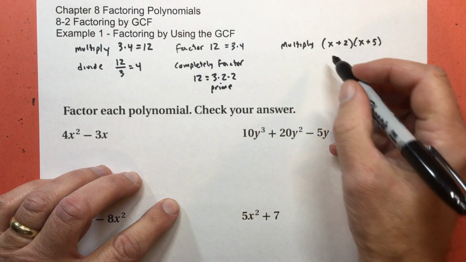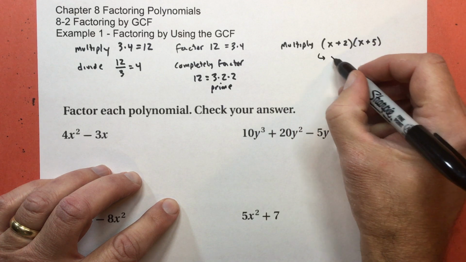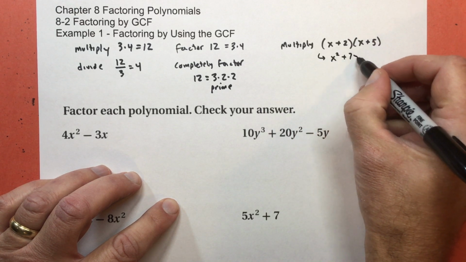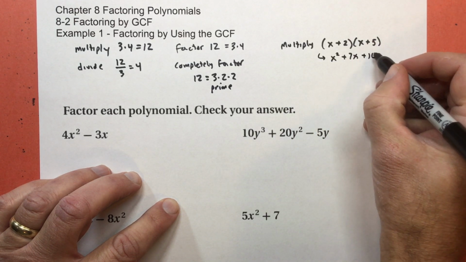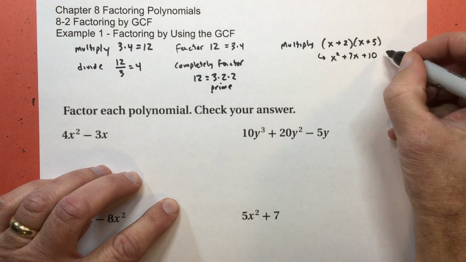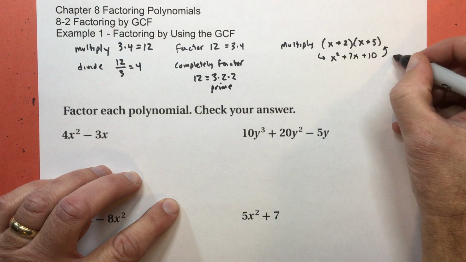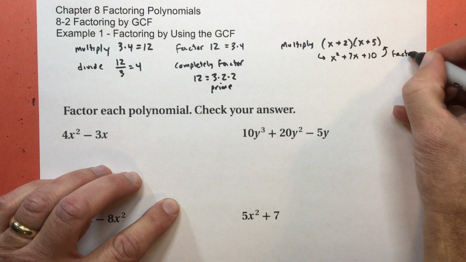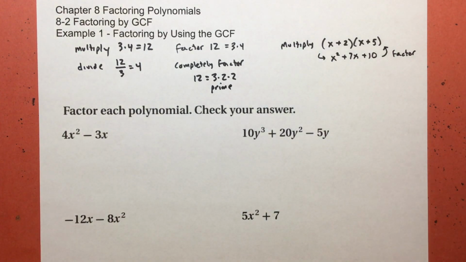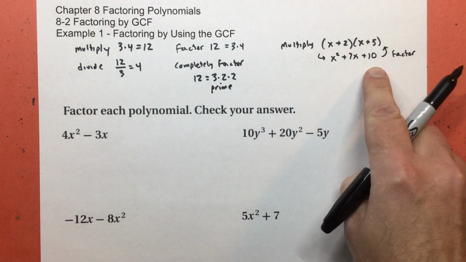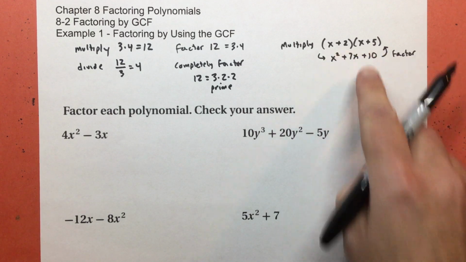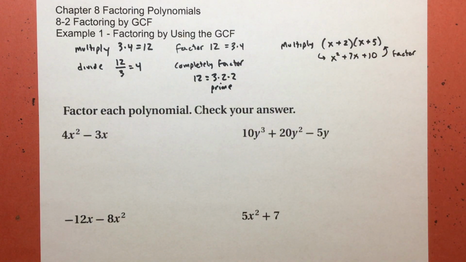But either way, I'm going to end up with this: x squared plus 7x plus 10. If I go backwards, this is called factoring. So I'm going to have a polynomial, and I'm going to break it into other polynomials to see what I actually got. This skill shows up in many places.